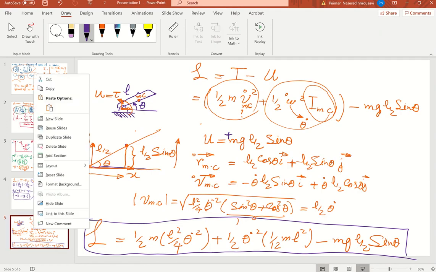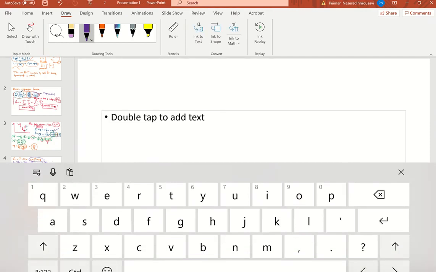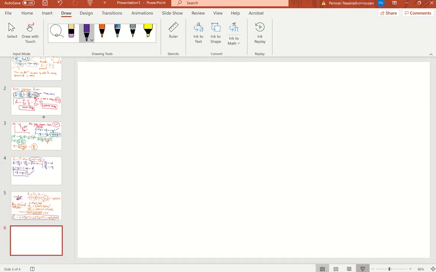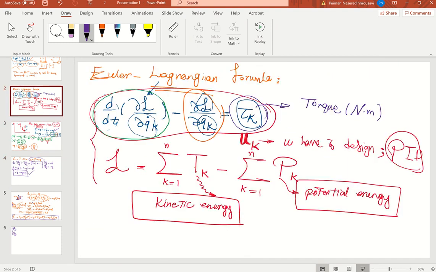So now we have to use our famous Lagrangian equation. We have to calculate the partial of L over the partial of theta dot, and the partial of L over the partial of theta, as a part of the Lagrangian equation, because your q is theta here.